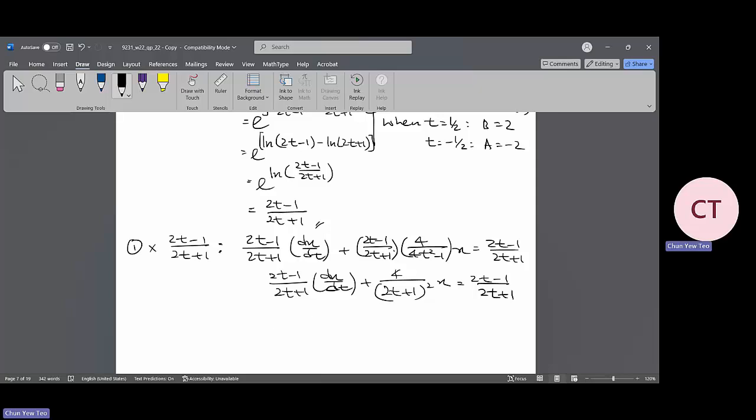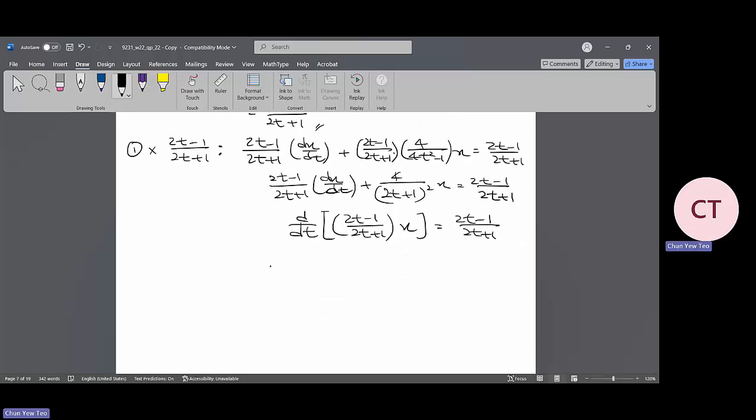Now your left hand side is actually similar to the differentiation of 2t minus 1 over 2t plus 1 multiplied by x, which is equal to this. Then you just need to integrate both sides.